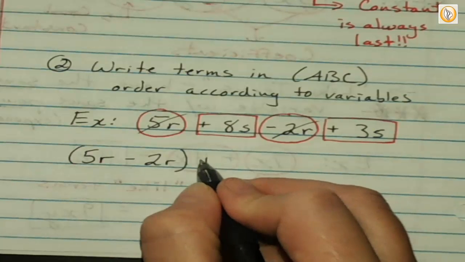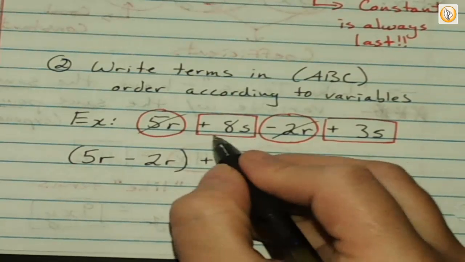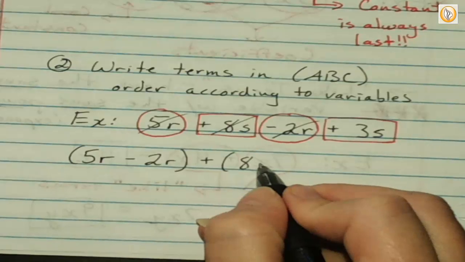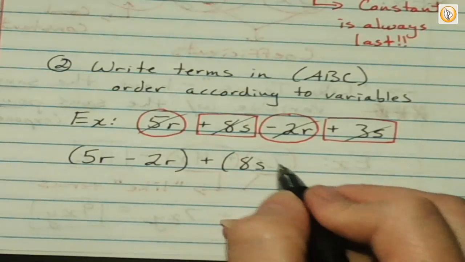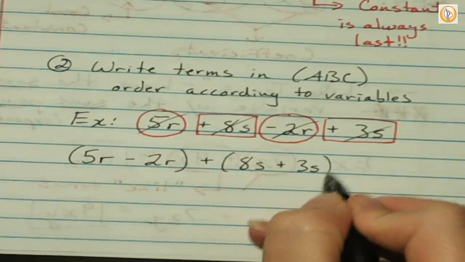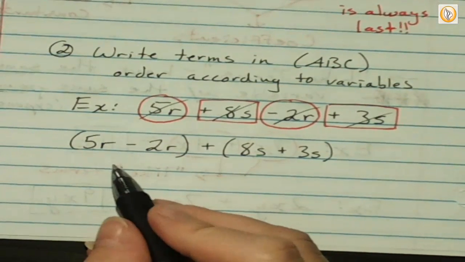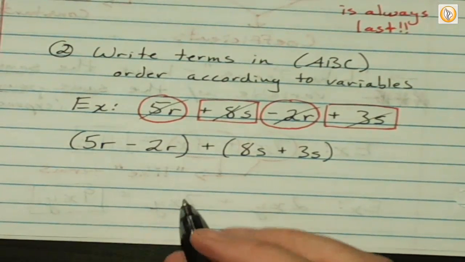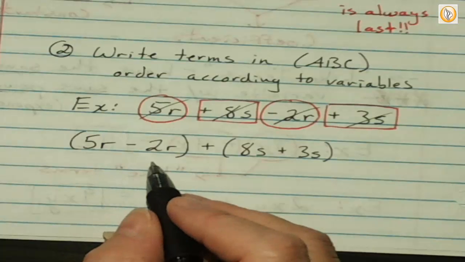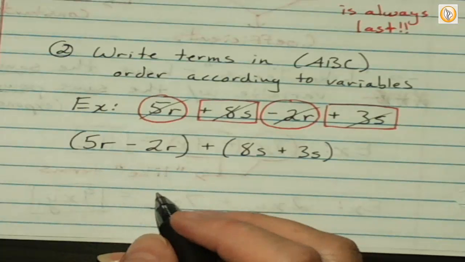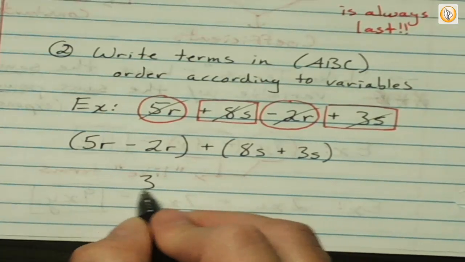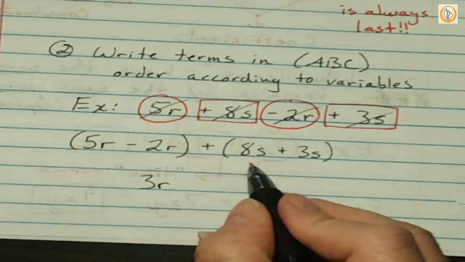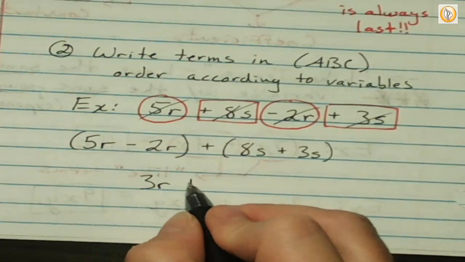Addition. 8S plus 3S. So Taya, what is 5R minus 2R? 3R. What is 8S plus 3S?